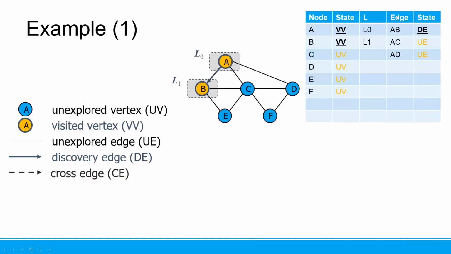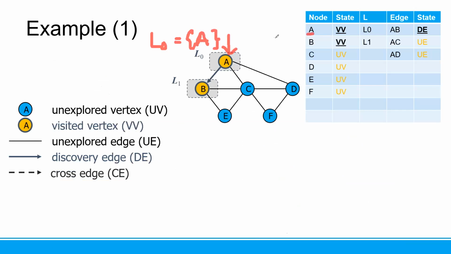So let's start with this kind of graph. If we start from A, then L0 will be available for A. So A will be the first node.